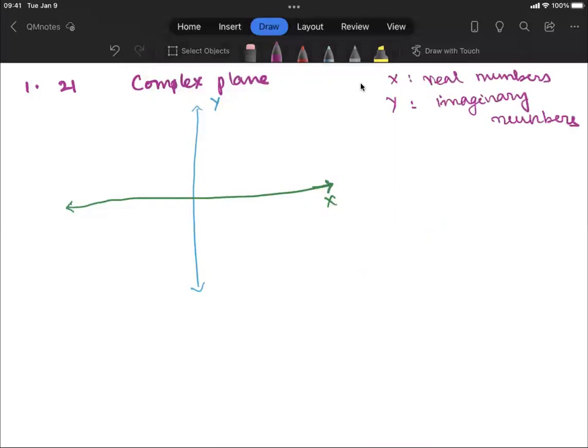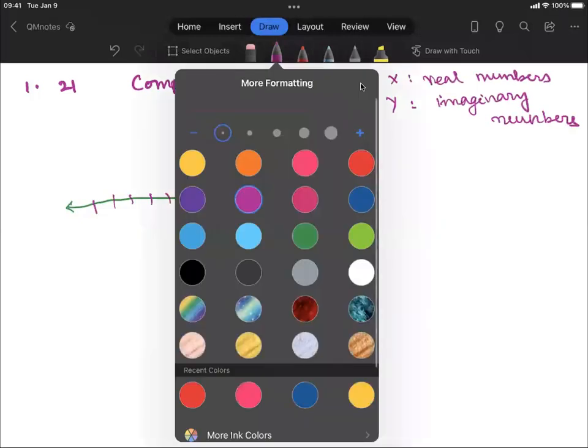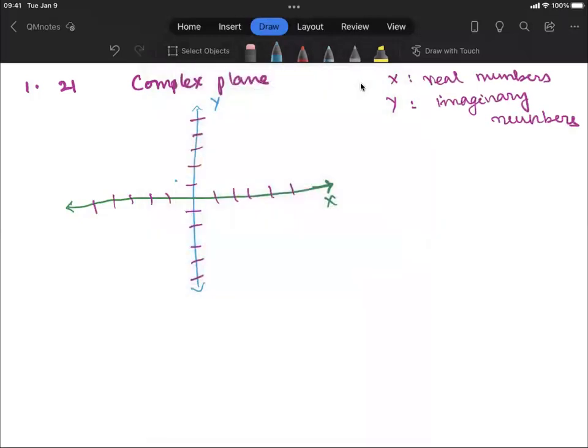So if I have to label these, it would be i, 2i, 3i, 4i, 5i, negative i, negative 2i, negative 3i, negative 4i, negative 5i.